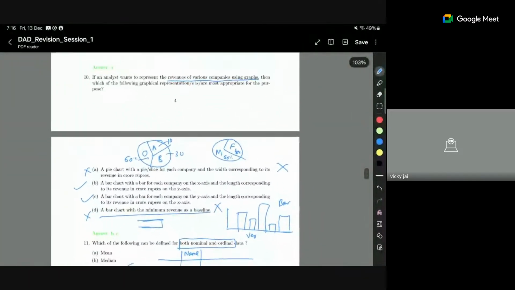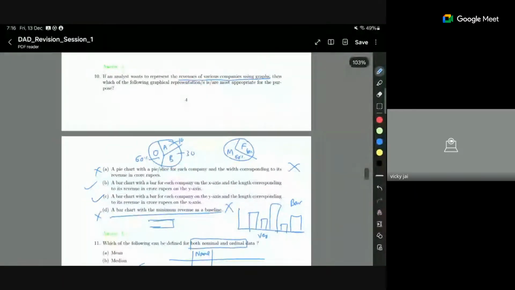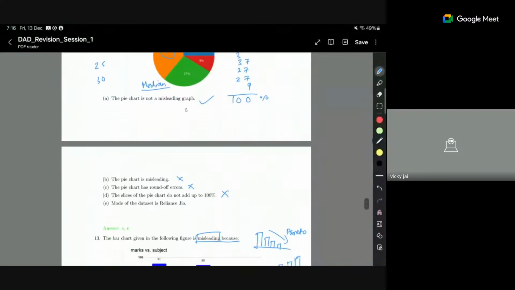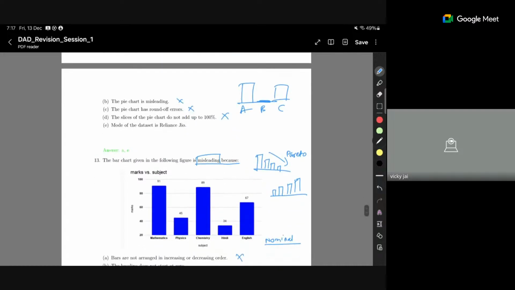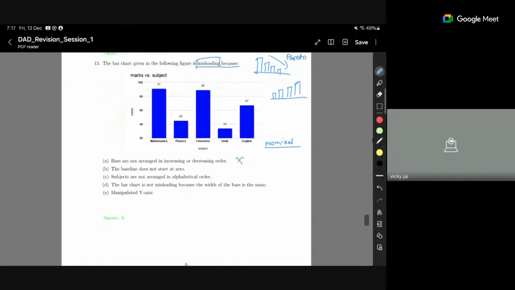Yes, related to this pie chart company and all. That bar chart with the minimum revenue as a baseline, if I start from the minimum value, then you know that one company was completely disappearing from that case, right? So if you don't choose the baseline as 0, this problem can arise.